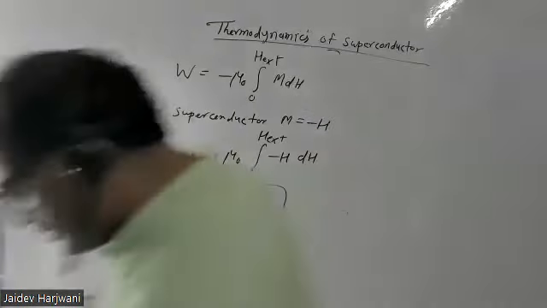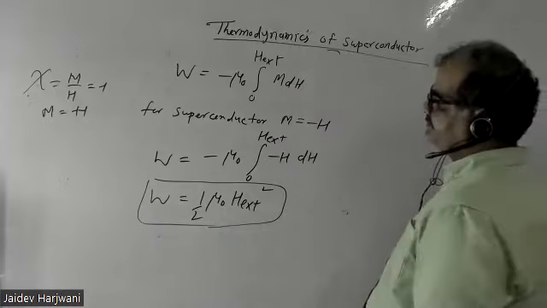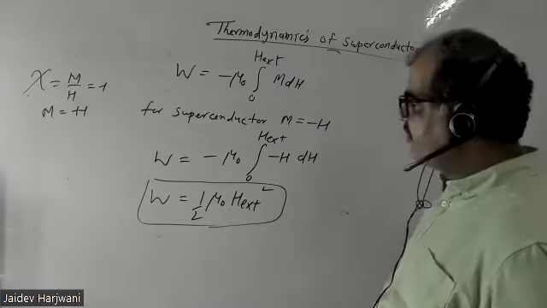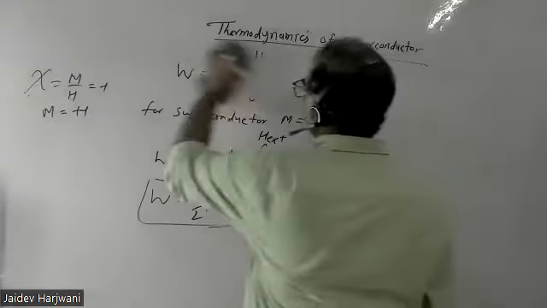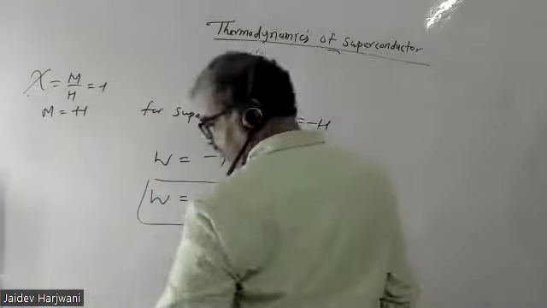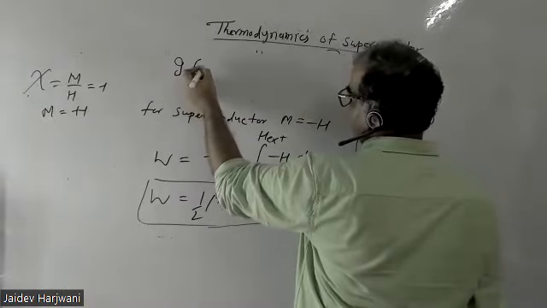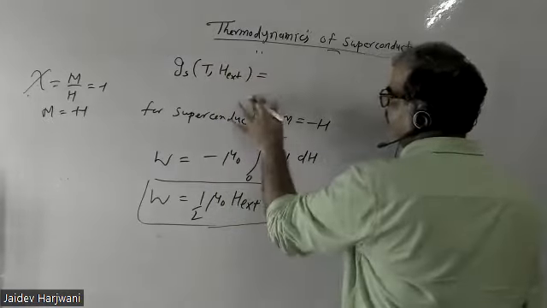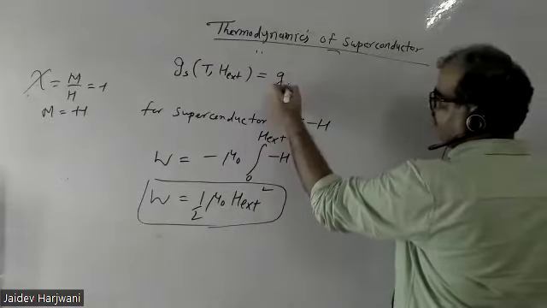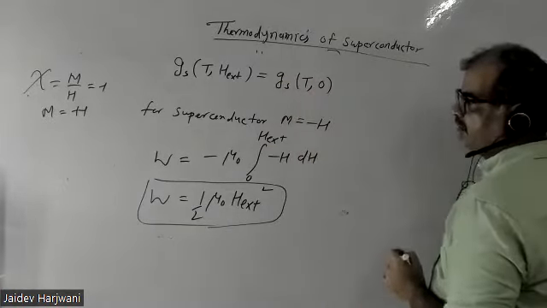Now if I want to write the Gibbs free energy per unit volume of my sample in a magnetic field, say at temperature T and magnetic field H_ext, it is equal to the Gibbs free energy at temperature T and magnetic field 0.